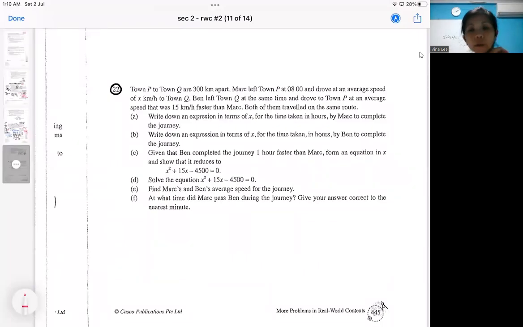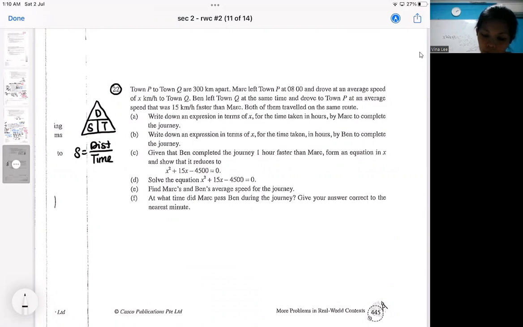So for question 22, that is a speed question. The moment you see that this is a speed question leading to quadratic, like how we learn it in Sec 1, you set up your information column. Your information column should have all the formula.